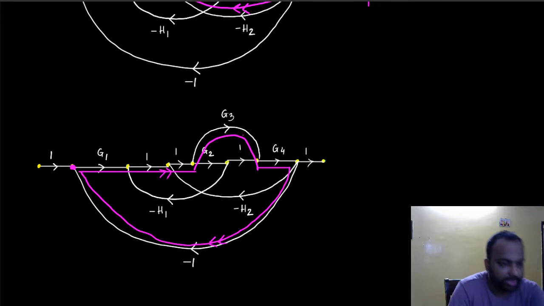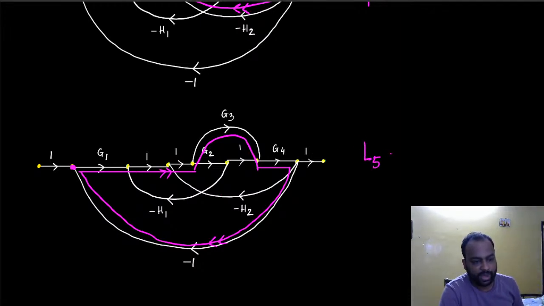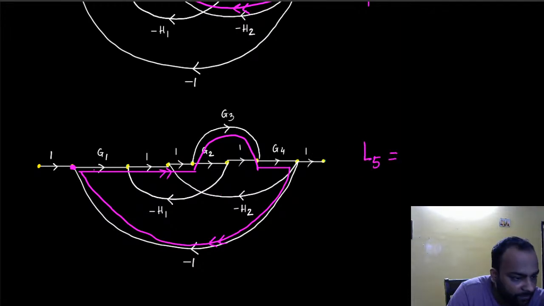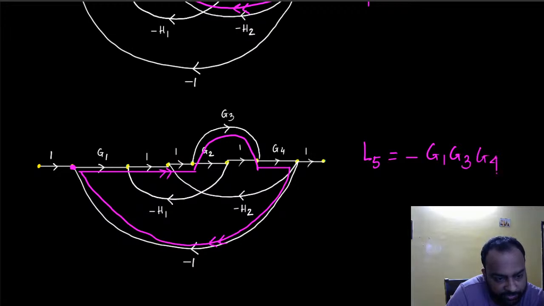So this is my loop 5. Loop 5 encounters the gain of G1, G3, G4 and minus 1. So minus G1, G3, G4.